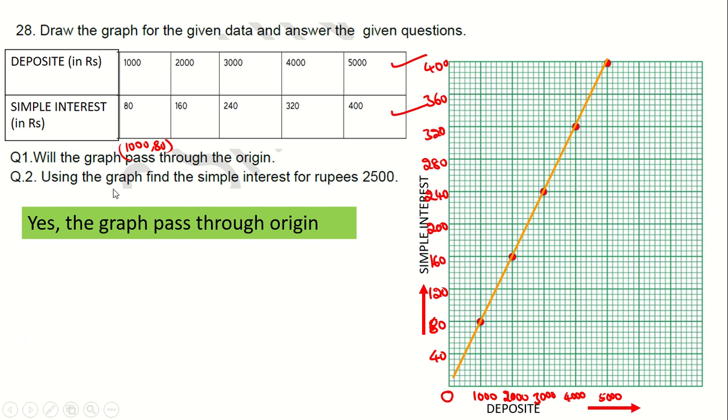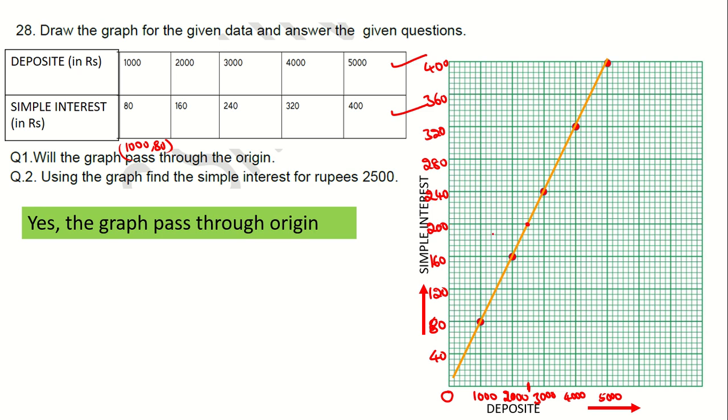And the second question: using the graph, find the simple interest for rupees 2500. For this we have to take 2500 in between 2000 and 3000. Here it is 2500. If you go up from this, we get a mark here.